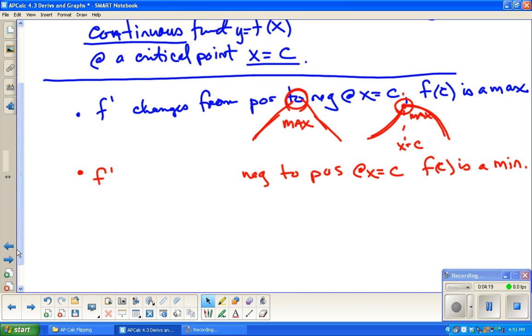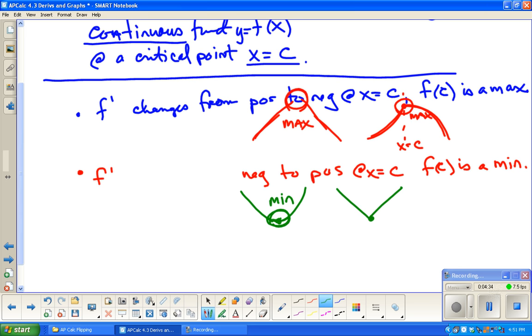Again, the idea is that I have a derivative that's negative, then a derivative that's positive, so somewhere in here has to be a minimum. I could have an absolute value graph, where the derivative is negative here and positive here, and so in the middle, that's a minimum.